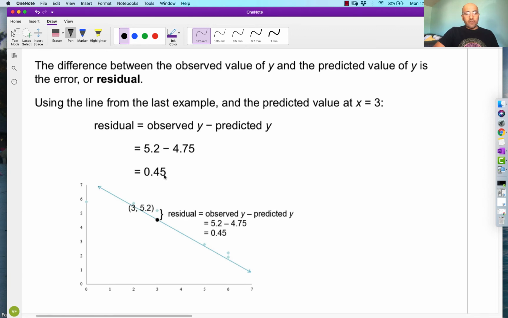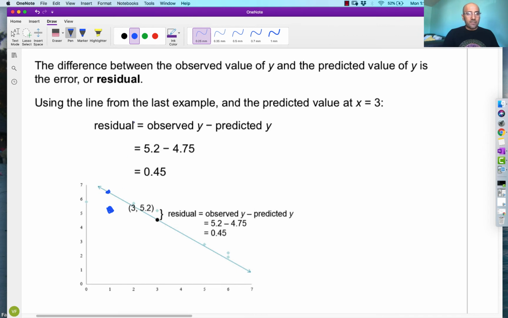If, on the other hand, we had a little blue square, a little observed value, let me just draw one in here. Let's say that we had a little observed value there. It's not there in our table, but I'm just throwing it in there. Then the predicted value for 1 is way over here. Right? I would be predicting this much for 1, but let's say my observed value is this.